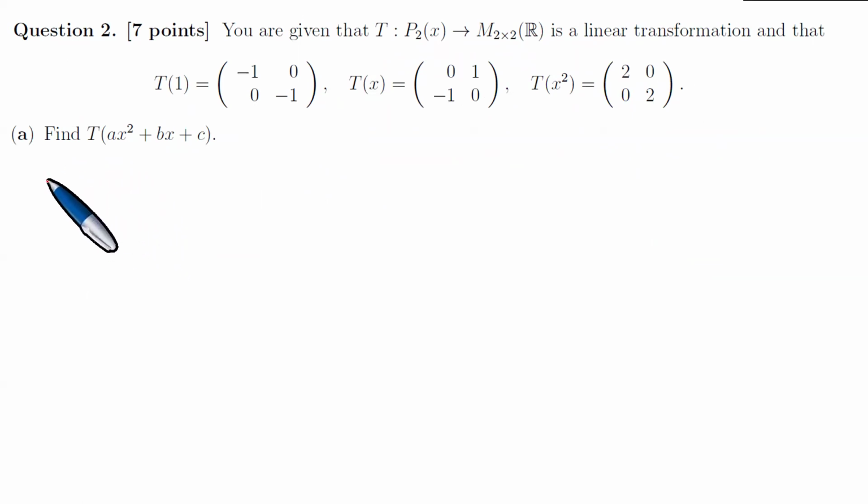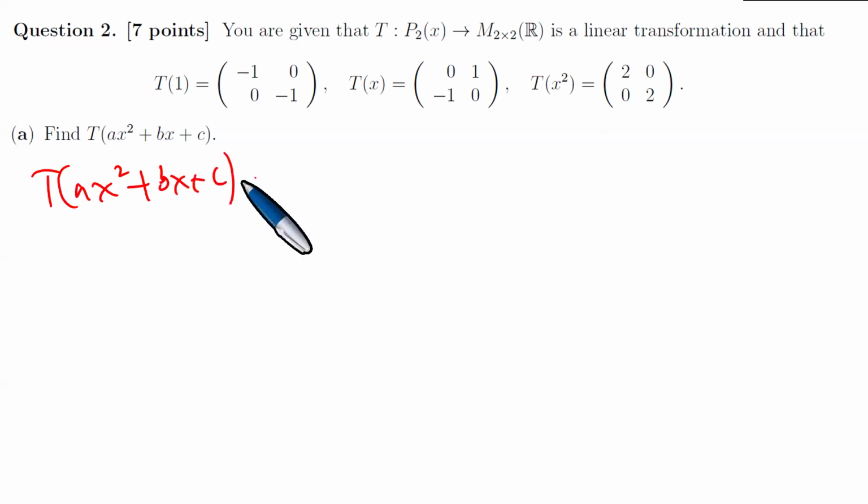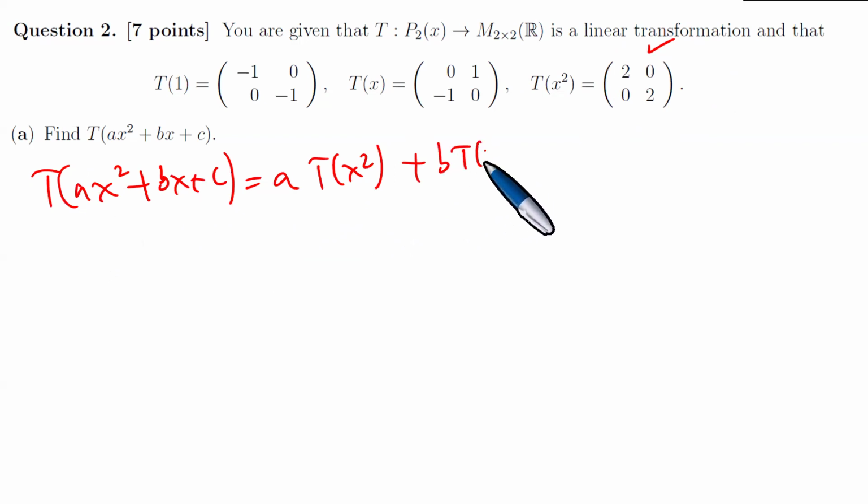It's very straightforward. You need to take into account the fact that we have T(ax² + bx + c), but we have a linear transformation. Linear transformation means that you can write a T(x²) + b T(x) + c T(1), like this.